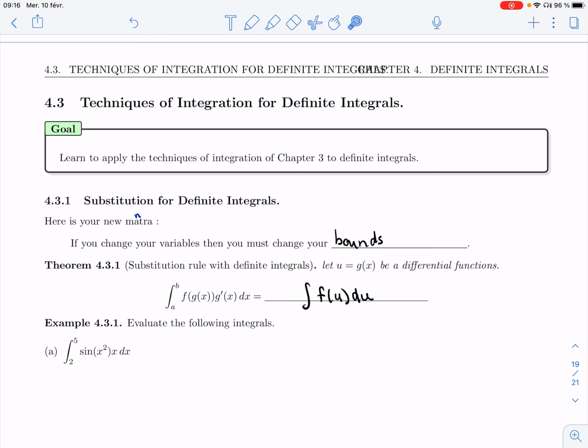Well, no. A and b were the values for x, so x went from a to b. While x goes from a to b, u takes on different values. It will actually go from g of a to g of b.